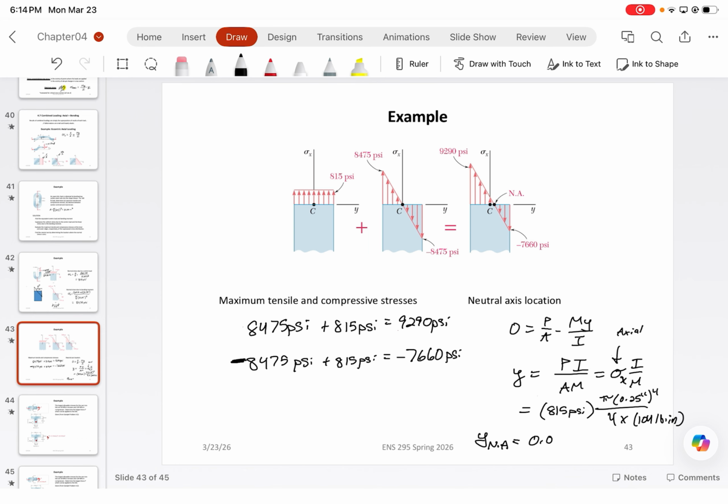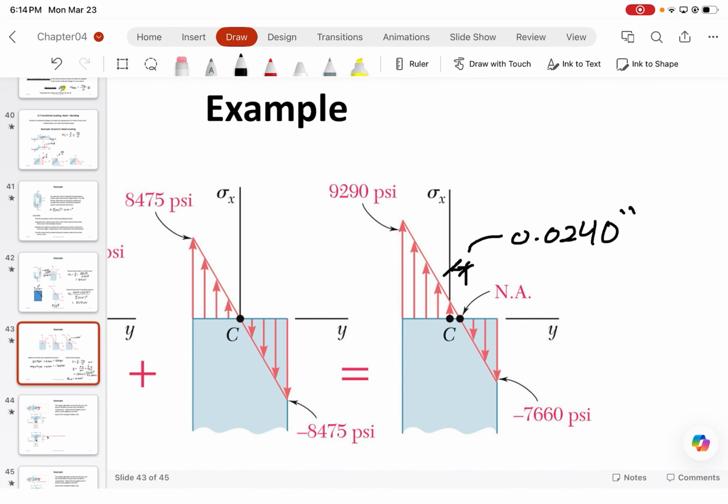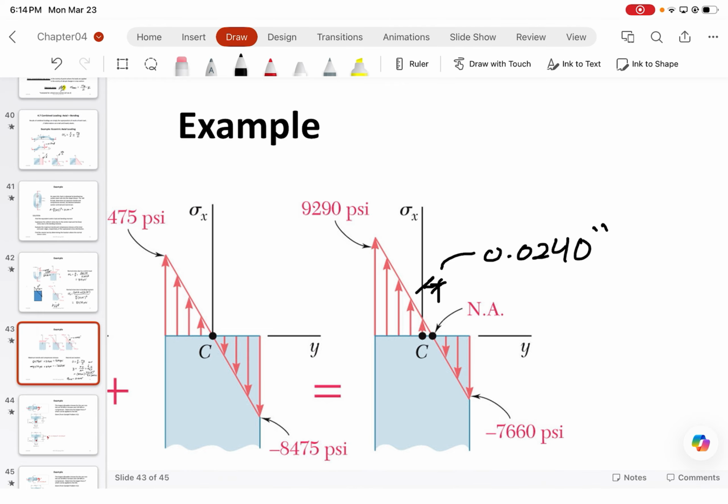So that's this dimension here. Hopefully you guys can see that clearly enough. It's a very small offset.